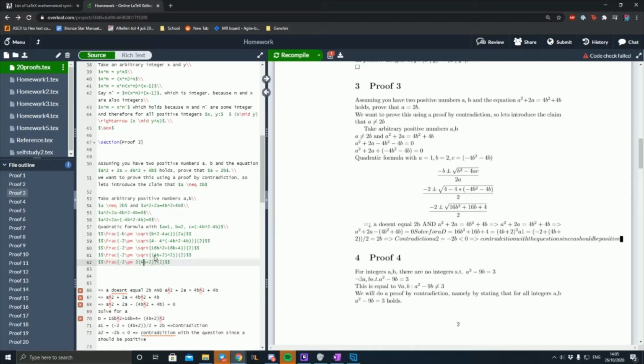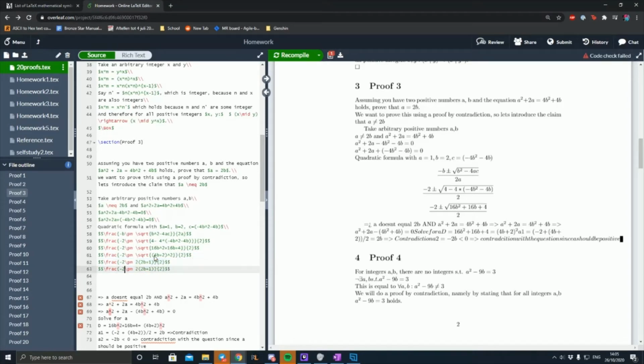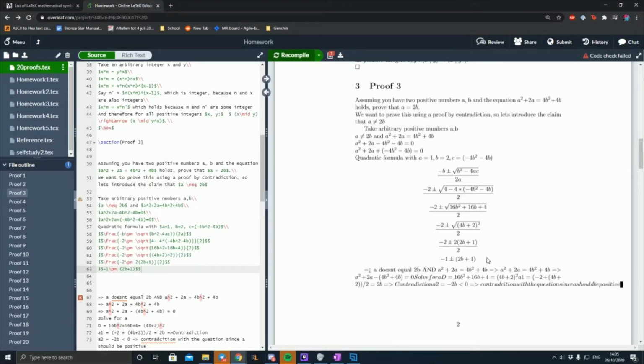So I'm gonna take a 2 out of the fraction here. Then I'm gonna get rid of the fraction by turning this into a 1 and this also into a 1. Okay, and therefore we can say that this is all a equals to.